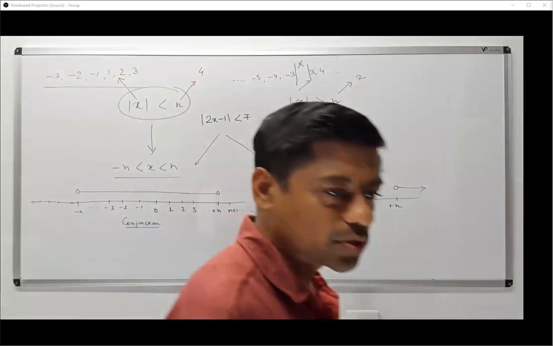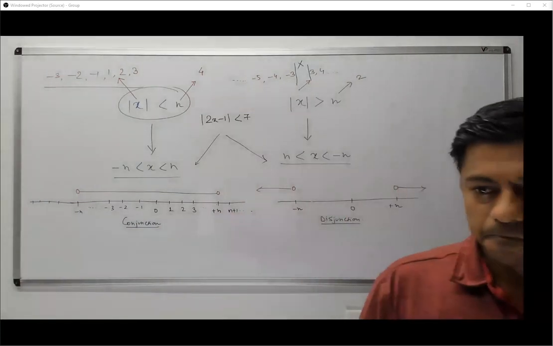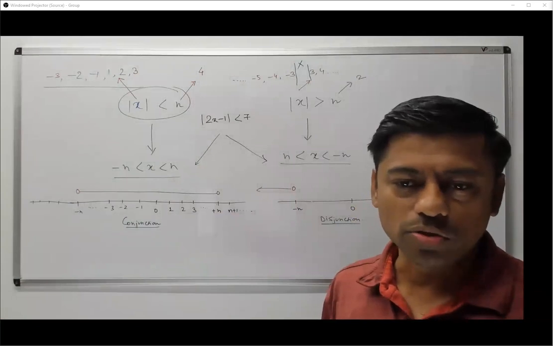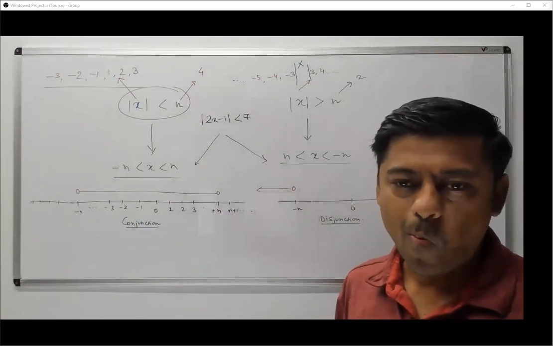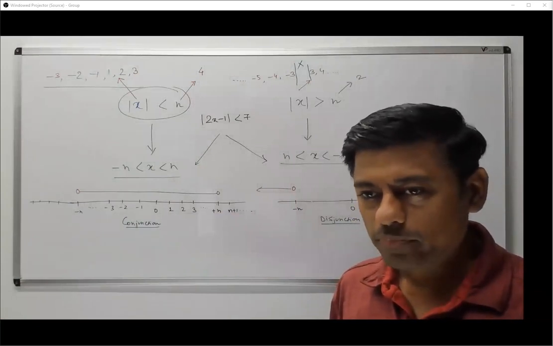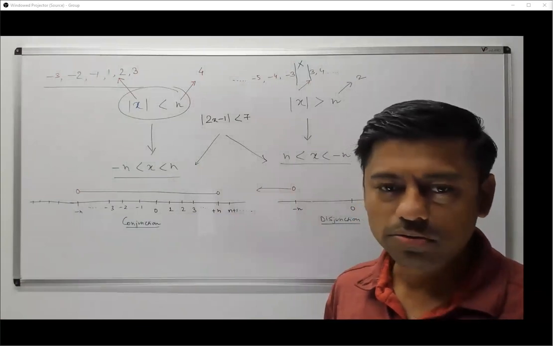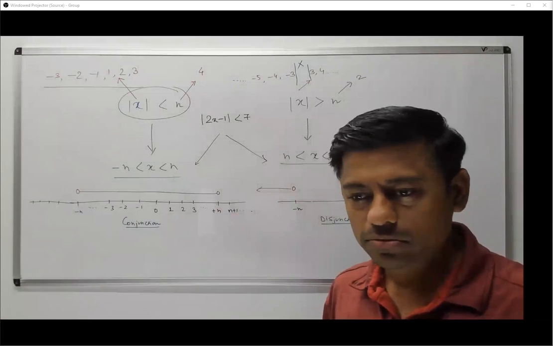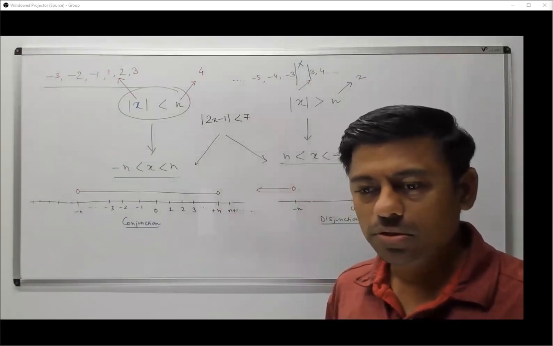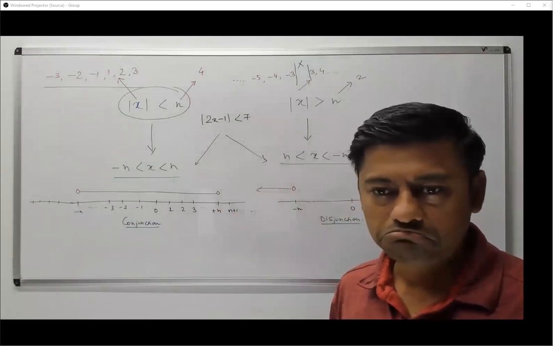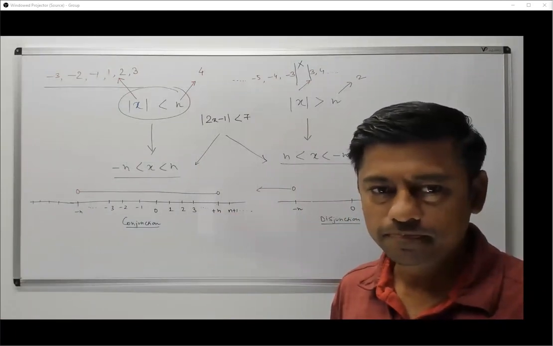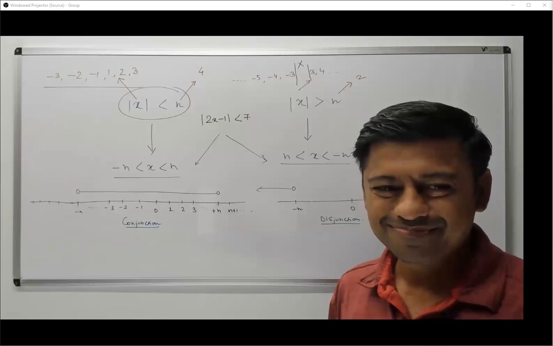Akash, which route? Anupriya, which route? Nidhi, which route? Devak, Sarah, it's going the route where negative n is less than x, which is less than n.